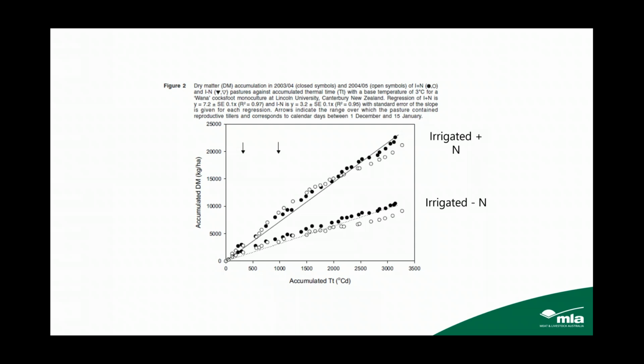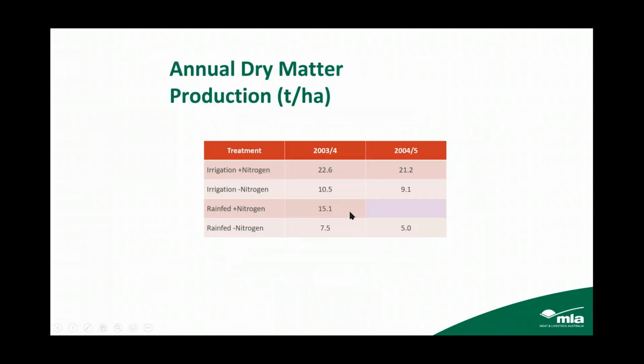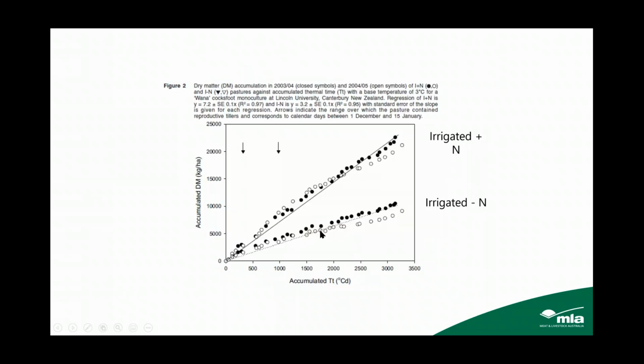If they didn't put nitrogen on, you get this line down the bottom, which is irrigated but no nitrogen, and the slope of that line is about 3. So there's 3 kilos accumulating for every degree of temperature accumulated above 3.